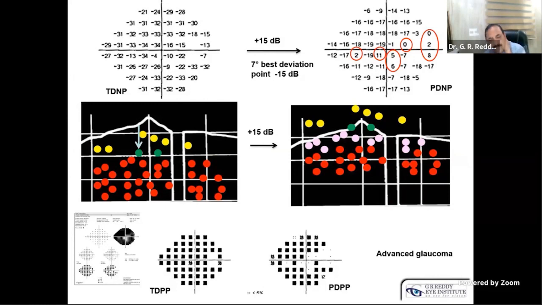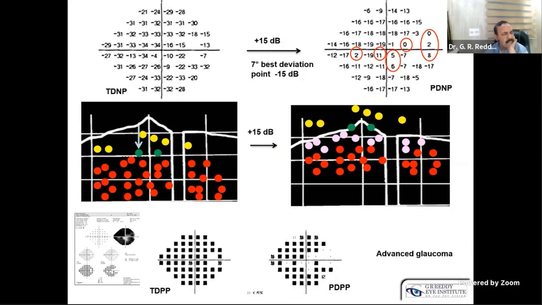Yes, sir. You were also explaining in your lecture the difference between the 24-2 and the 30-2. You said that in most of the derivations, the edge points of 30-2 are not considered, like GHT, VFI, or even Anderson's criteria.